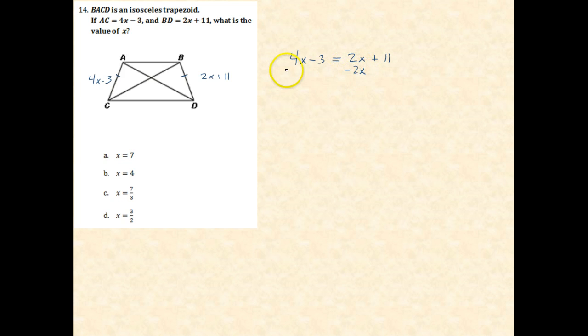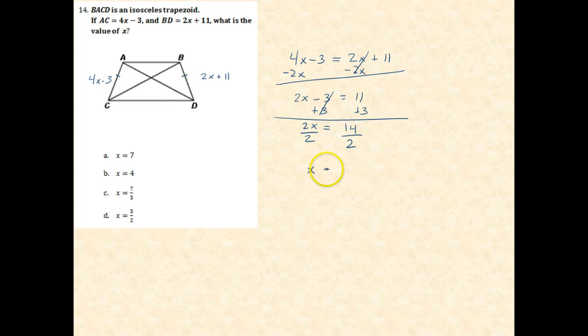Subtract 2x from each side of the equal sign, and I get 2x minus 3 equals 11. Add 3, and 2x equals 14. Divide by 2. X equals 7.